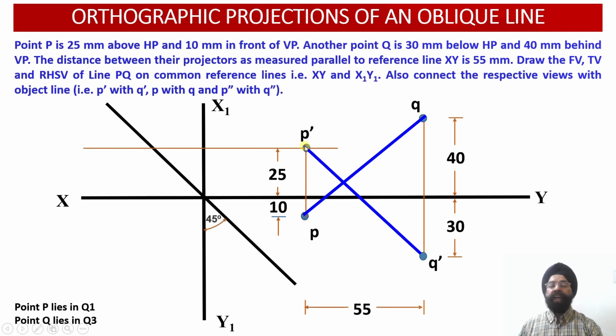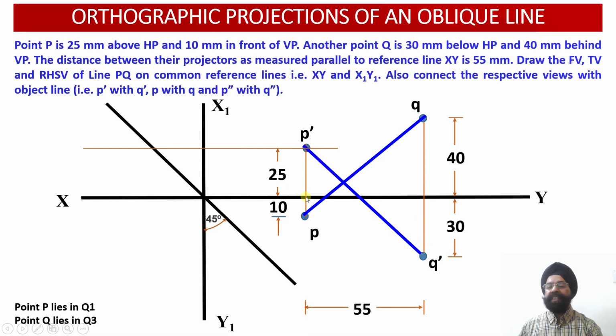Now we are going to obtain the right hand side view projections of the points P and Q using this particular transfer line. Please see, the height of the point P dash and the depth of the point Q dash are not going to change even in the profile view projections over here.